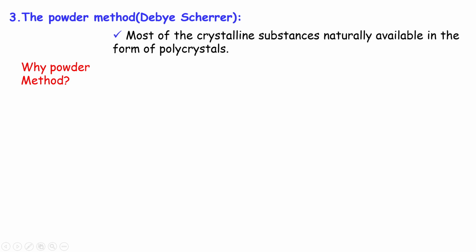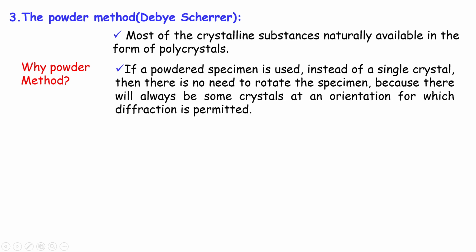But we know that most crystalline substances are naturally available in the form of polycrystals, and if a powder specimen is used instead of a single crystal, then there is no need to rotate the specimen, because there will always be some crystals at an orientation for which diffraction is permitted.